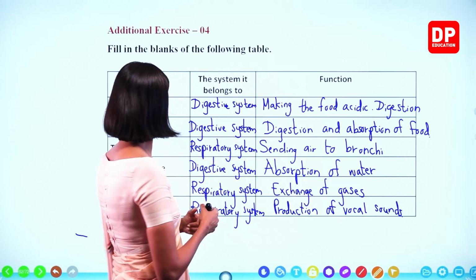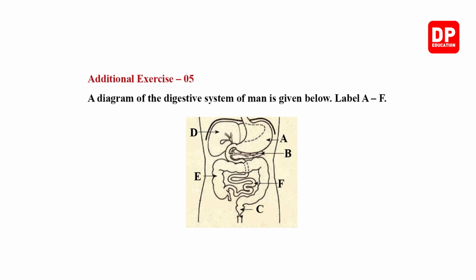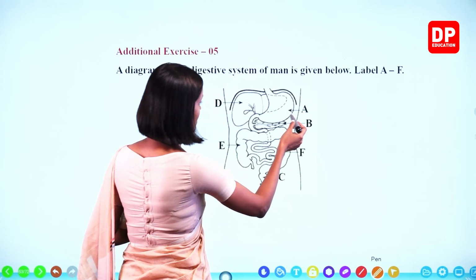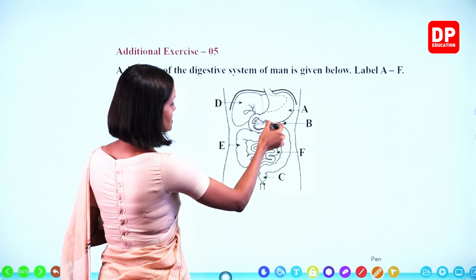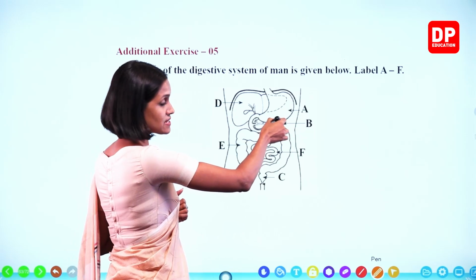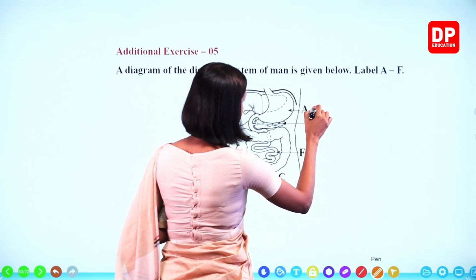Right, children? Exercise number 5. Now this is going to be very easy because we discussed this many times. A diagram of the digestive system of man is given below. Label A to F. We'll label right here. What is A? This is a sac-like organ. This is the stomach.